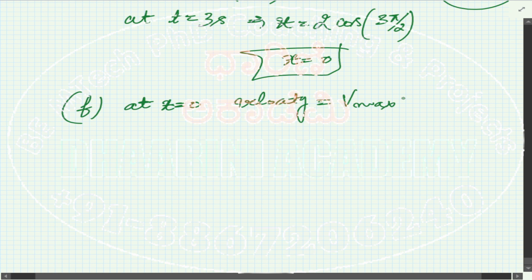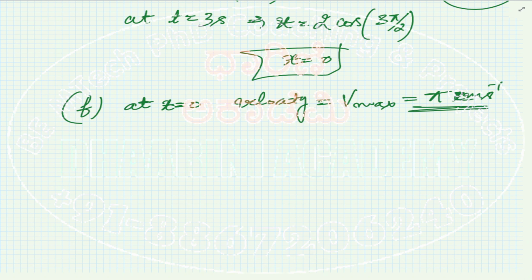It will be with its maximum velocity, already we have calculated, that is pi centimeters per second. So this is the required answer. All right. Let's move on to the next question.